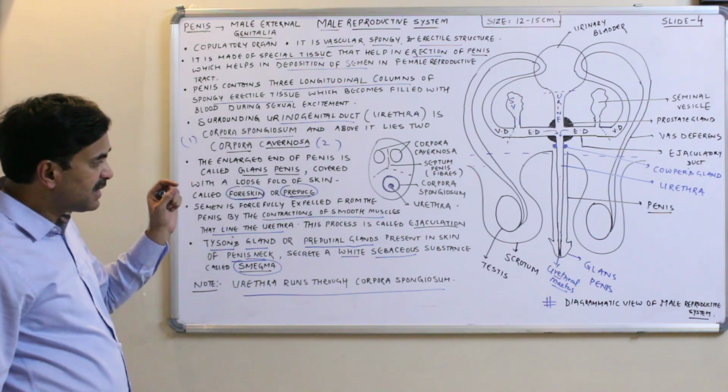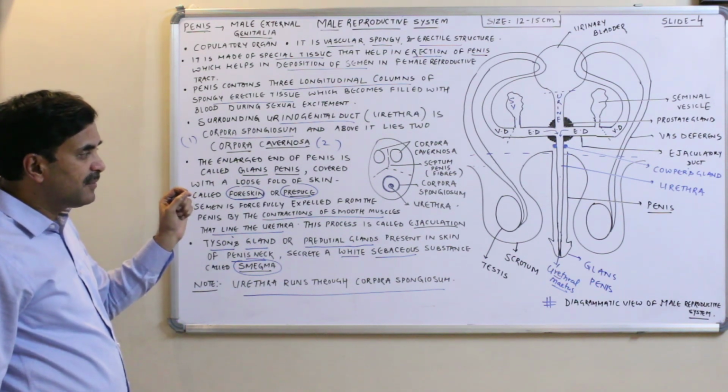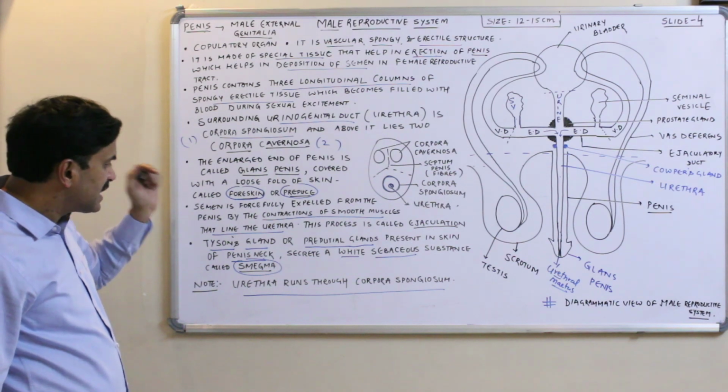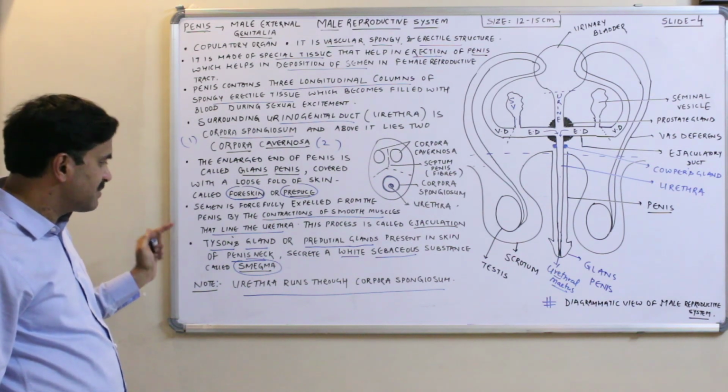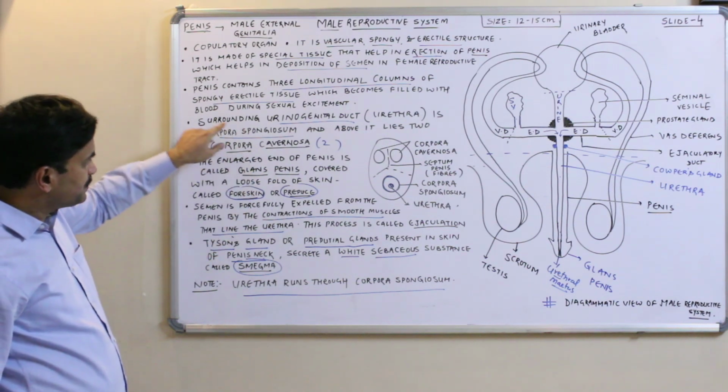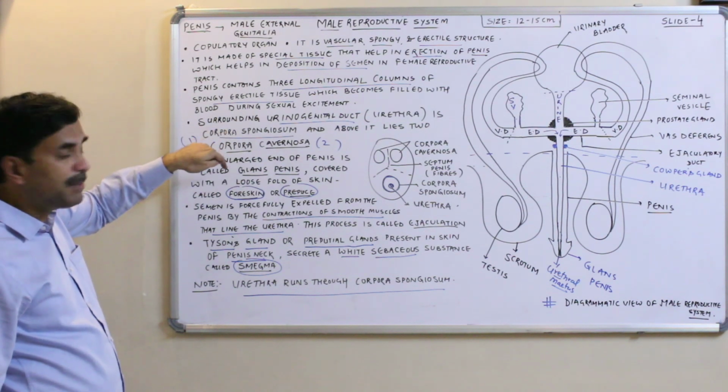Okay, so a certain white substance is secreted from the skin of the penis neck, which is called the smegma. Okay, so this is all about the penis.